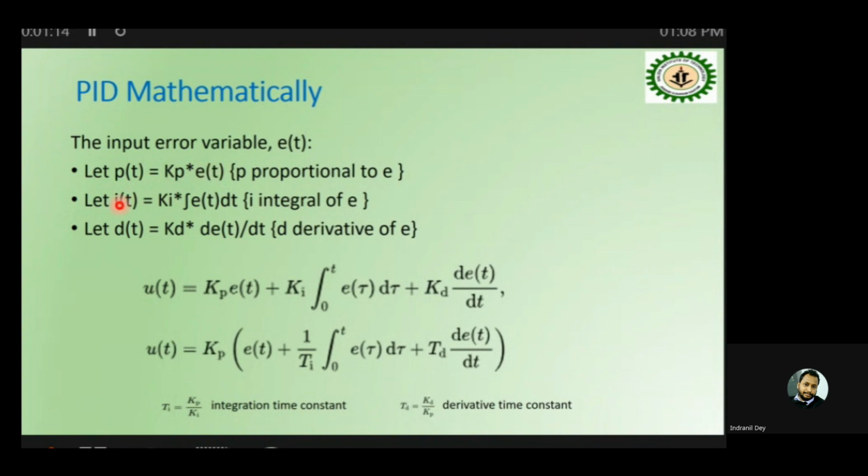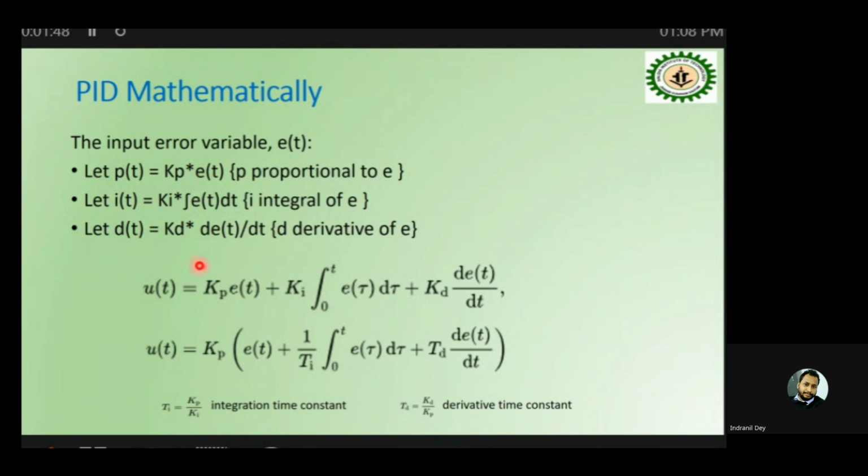Now coming to the integral action, the control output for an integral controller is directly proportional to the integration of the error with respect to time, and this Ki is the integral constant. Next is the derivative control, where the output is directly proportional to the derivative of error with respect to time.